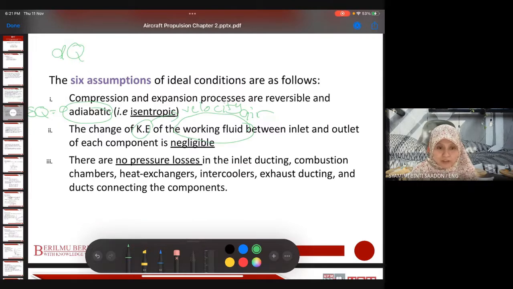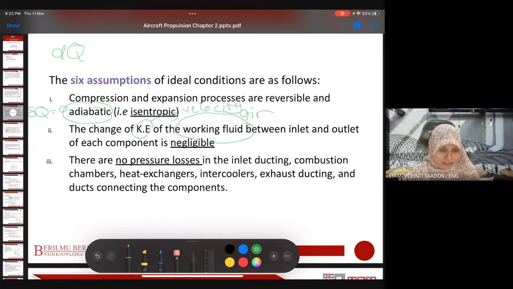Compared to the velocity at the nozzle, for example. So when the velocity at the inlet and outlet has no change or very, very small change, we can say that there is no change of kinetic energy between the components.